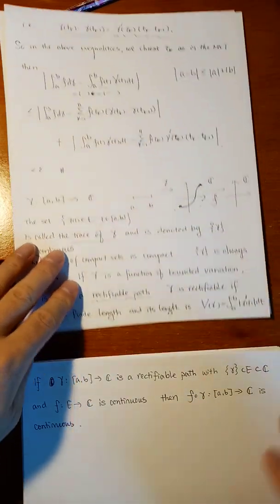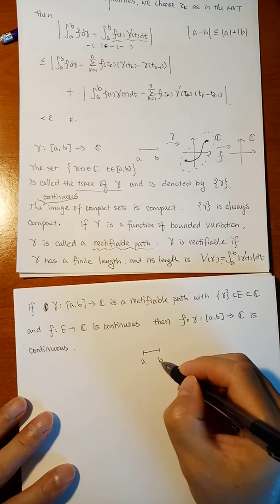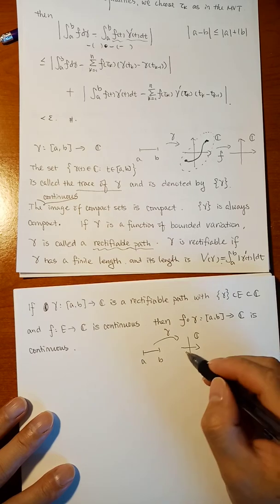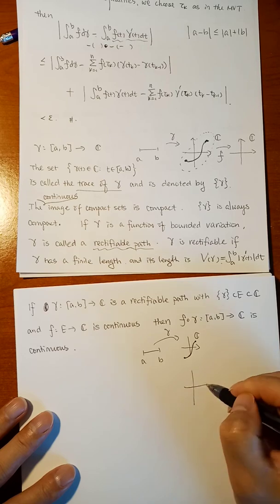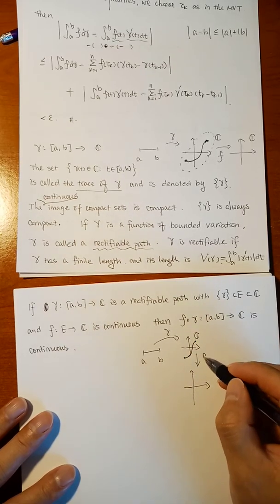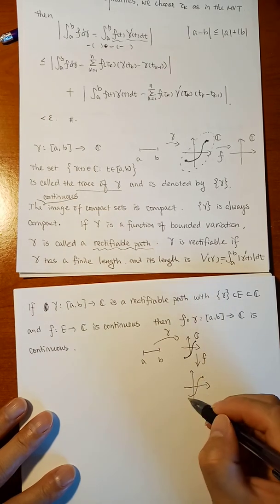At this moment, what we have: [a,b] and C. Gamma goes this way, and you have a trace here, and then you have f, so it may be mapped to this part.